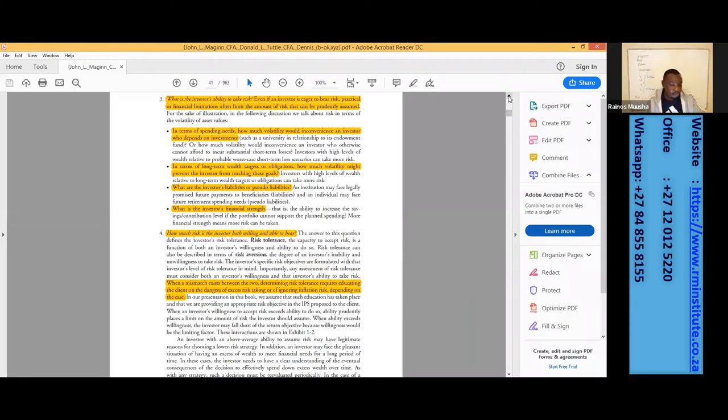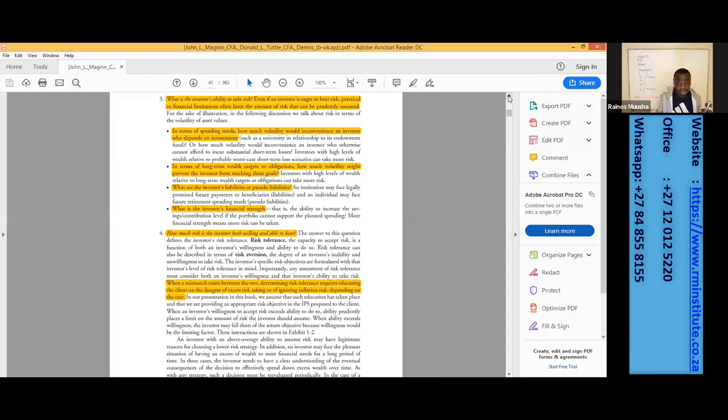If your willingness to take risk is this, but your ability to take risk is this much, then overall, how much risk are we going to be able to allocate to this particular investor? So when it comes to the risk objective, you always have to check in the case study that would be given what the investor's willingness to take risk is, and what the investor's ability to take risk is as well.